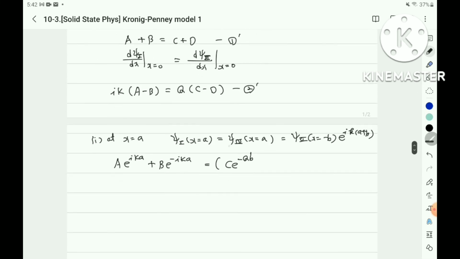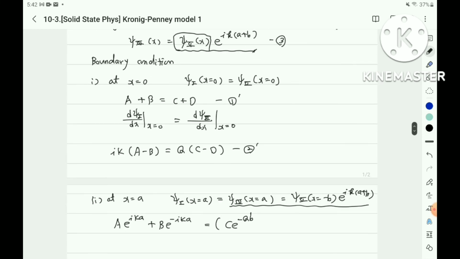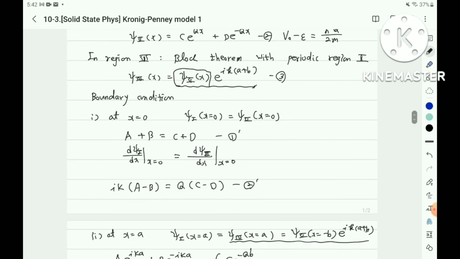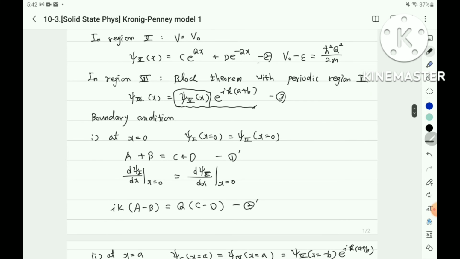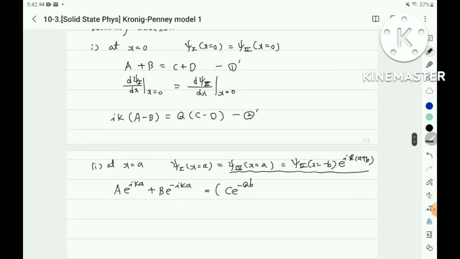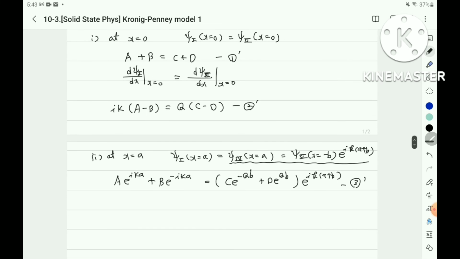Therefore, from equation 2, c exponential minus qb plus d exponential qb, times exponential ik(a plus b), is the third equation.